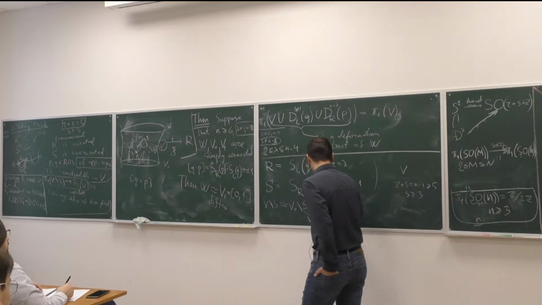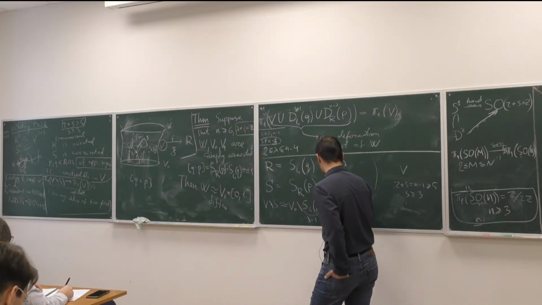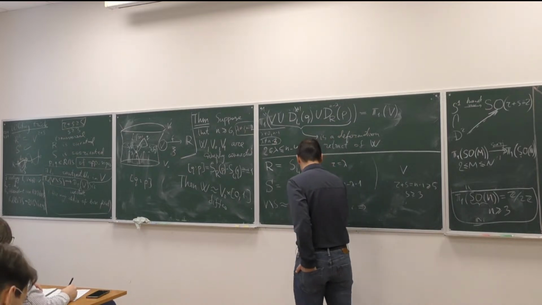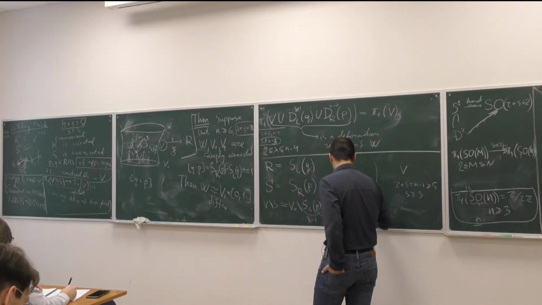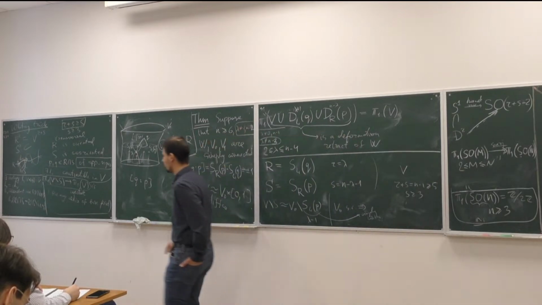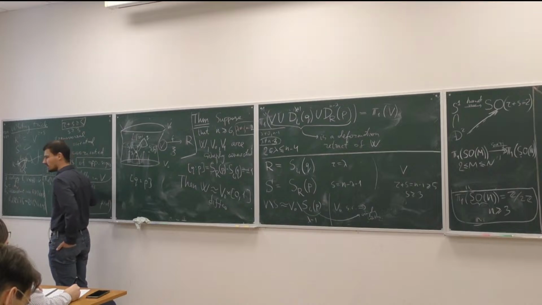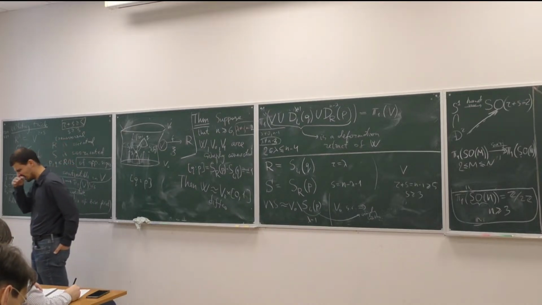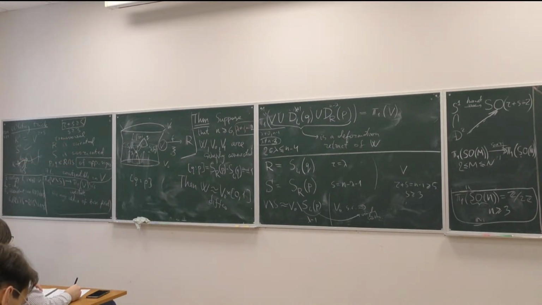Since we know that V0 is simply connected, it follows that this one is also simply connected. So both are simply connected, and we are explicitly under the condition of this theorem.